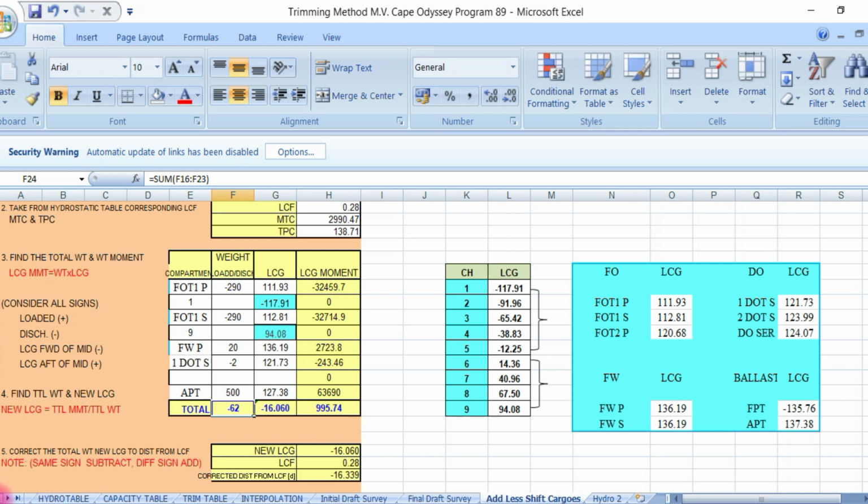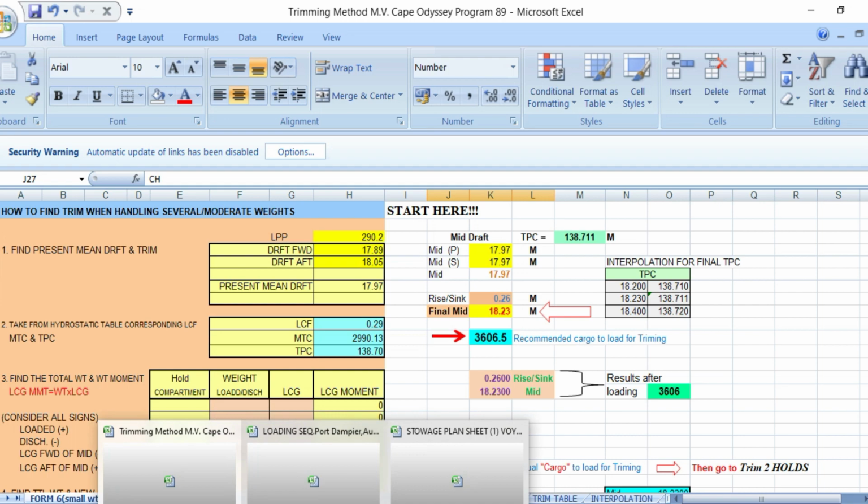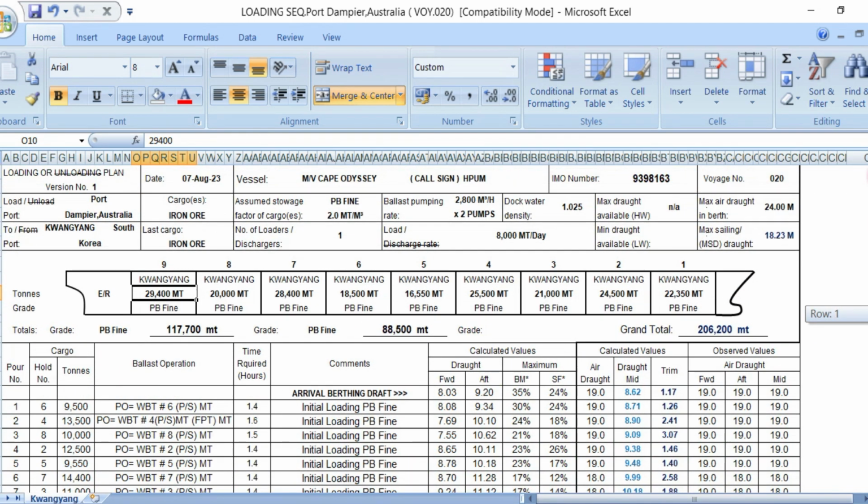And we go back here. Okay. During our loading operation, this is just an example of the loading plan or loading sequence.